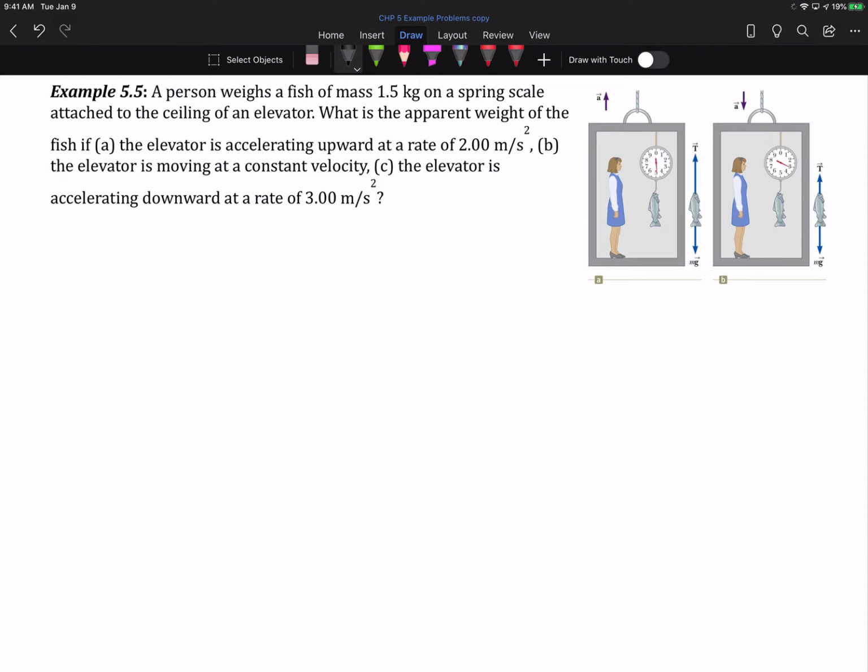So in this particular example, we want to focus just on the fish, but we have to keep in mind that the scale itself is going to read whatever the tension is in the wire that's connected to the scale and then connected to the fish. So our goal then is to find the apparent weight, where the apparent weight will just be equal to whatever the tension is that's holding the fish up.